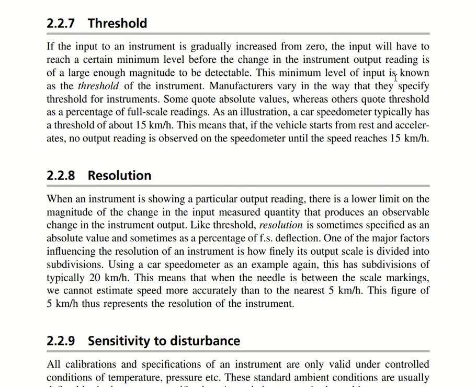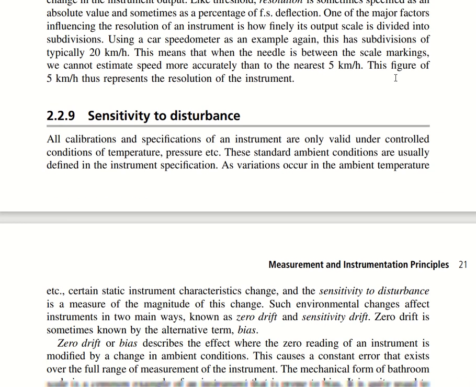Using a car speedometer example one more time, this is a subdivision of typically 20 kilometers per hour or 15 kilometers per hour, and that means that when the needle is between the scale markings, we cannot estimate the speed more accurately than the nearest 5 kilometers per hour. So this figure of 5 kilometers per hour represents the resolution of the instrument.